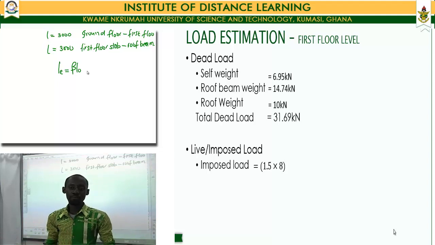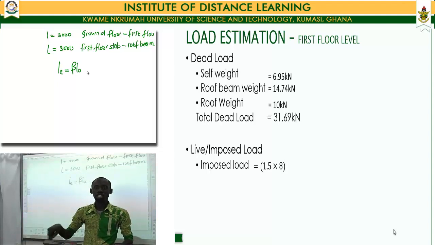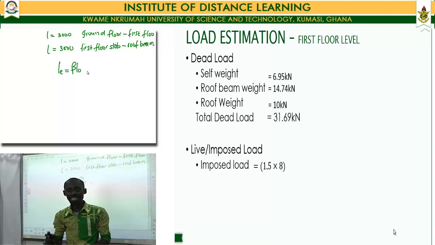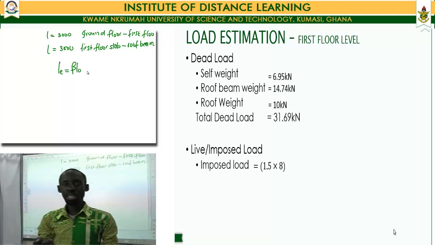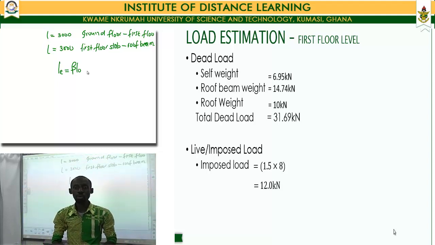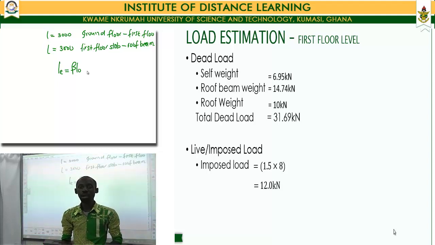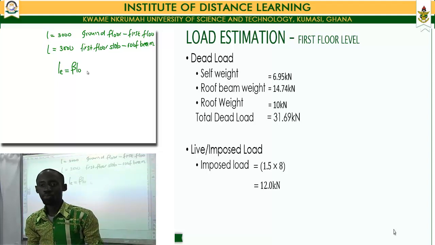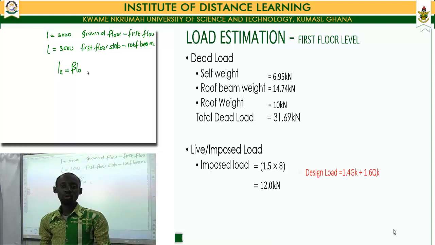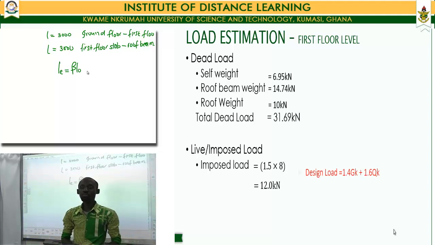So if our column is supporting an area of 8 meters squared, what would be the imposed load value for that 8 meters squared? We pick that 1.5 kilonewton value and multiply it by the area being supported by our column. Multiplying the 1.5 by 8 gives us a value of 12.0 kilonewtons.